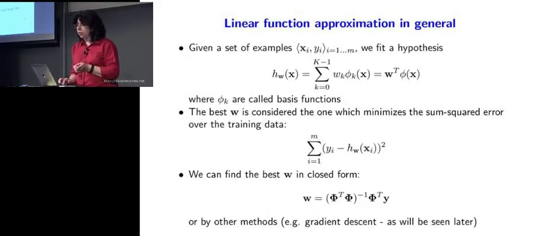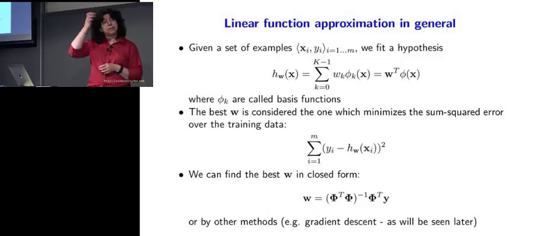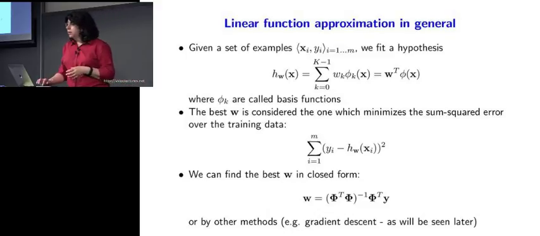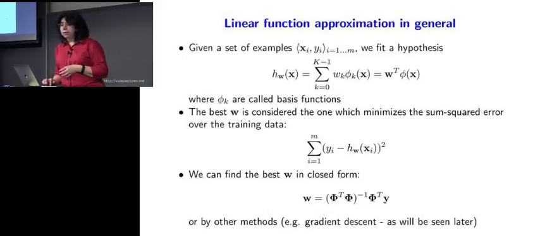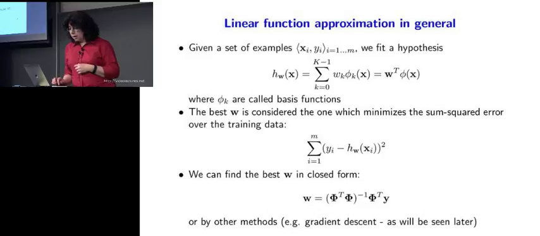So you can take your inputs x and feed them through some set of functions phi of x. We'll call these basis functions. Let's assume for now that these are fixed, so they're not parameterized. I give them to you. Maybe they're Gaussians, maybe they're sigmoids or something else. Then we can still fit the parameter vector w that's on top.